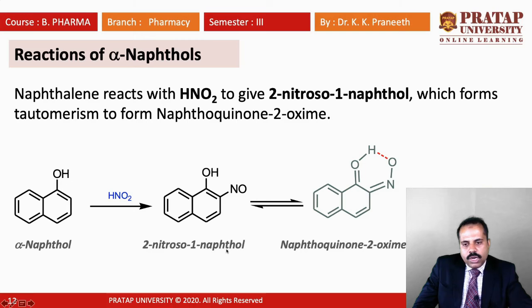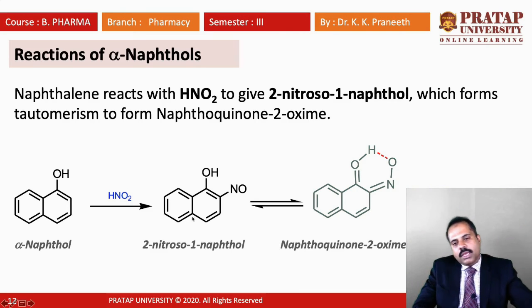This is 2-nitroso-1-naphthol, which undergoes tautomerism, meaning the double bond can shift. The double bond goes here, and hydrogen bonding forms between the oxygen and the hydrogen as shown here, and this double bond can also shift to the nitrogen.